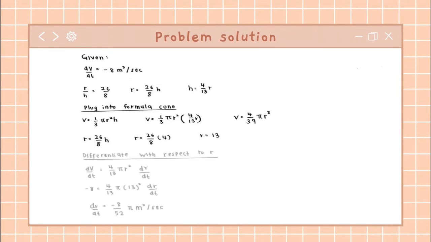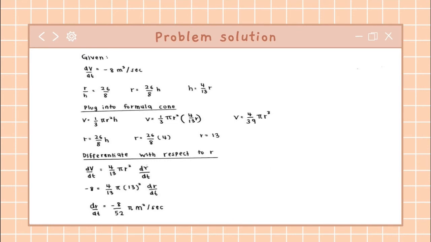Lastly, differentiate with respect to r because we want to find dr/dt. So dV/dt equals 4/13 pi r squared dr/dt. Then negative 8 equals 4/13 pi times 13 squared dr/dt.